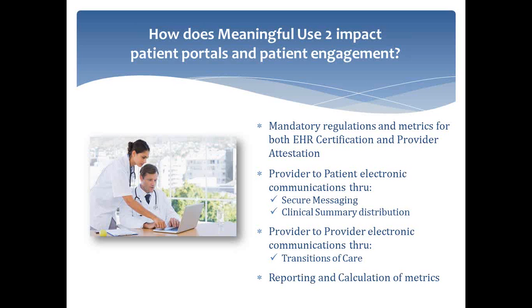Now that we've fulfilled the provider-to-patient communication and the provider-to-provider communication, we now have to calculate the numerator and the denominator appropriately, and then put that into a reporting format that proves that we're hitting those metrics in that criteria. So those are the three what I would call primary components of meaningful use stage 2 that go in conjunction with portals and patient engagement.